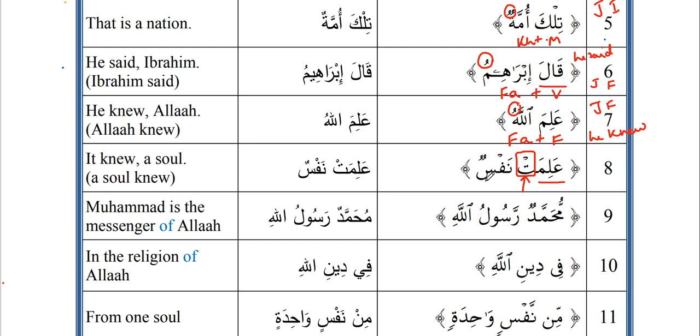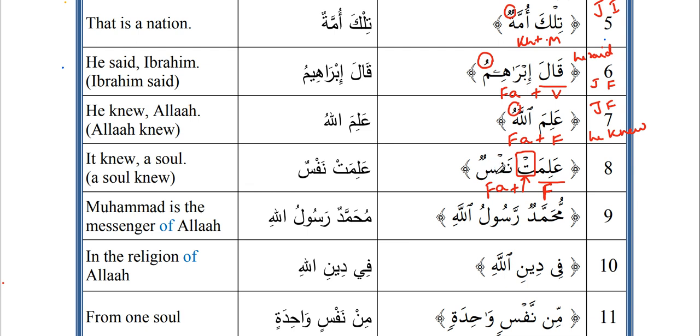First, let us do the formula. This is our fail, plus after the fail, I will search for the fa'il. So this is our fa'il. So who is the fa'il here? Nafs. Since there is no ta marbuta, how will you know that this is feminine? This is a noun from the particular nouns. Those are considered to be feminine.